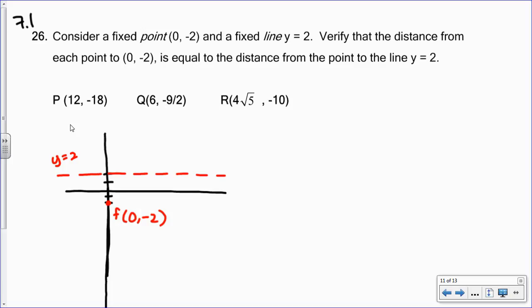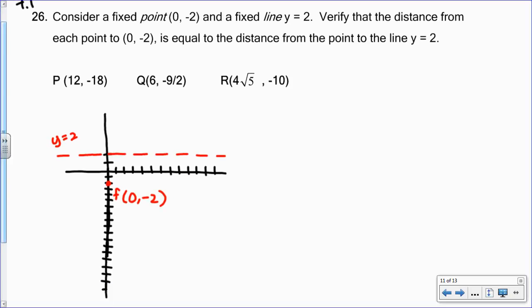So 12, -18. Okay. So here's P. And that is 12, -18.